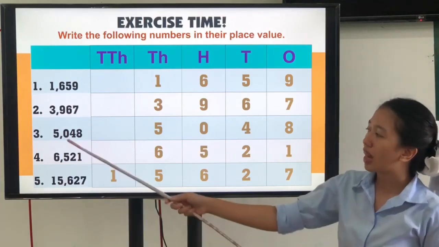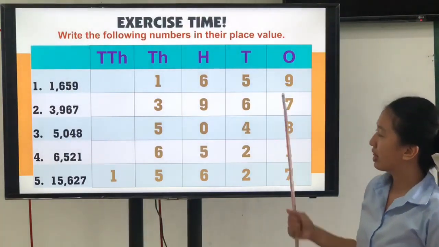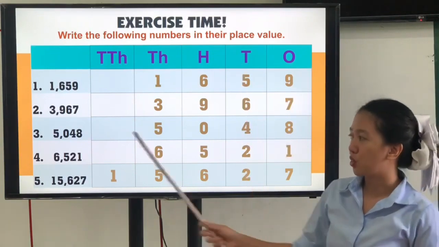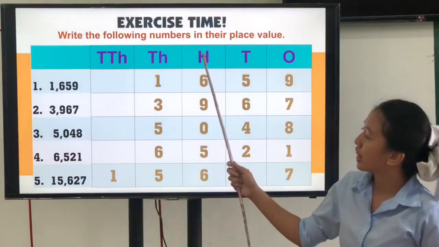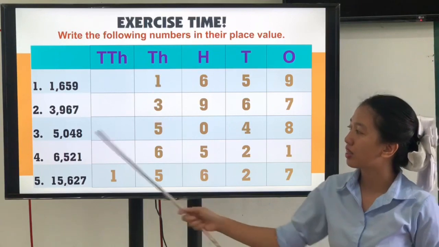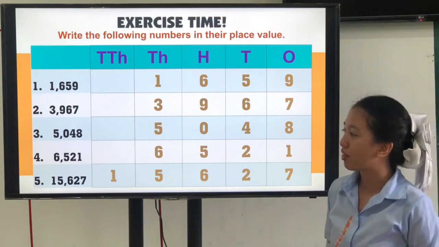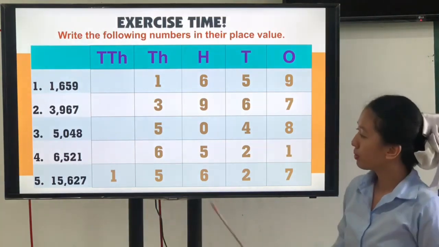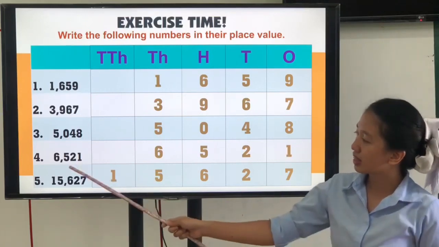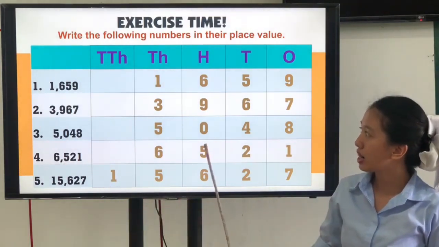Number 3, 5,048. What is our ones? Very good. It is 8. Our tens, 4. Very good. Our hundreds, 0. And our thousands is 5. You get it right. Number 4, 6,521. Our ones will be 1. Tens, 2. 5 will be our hundreds.